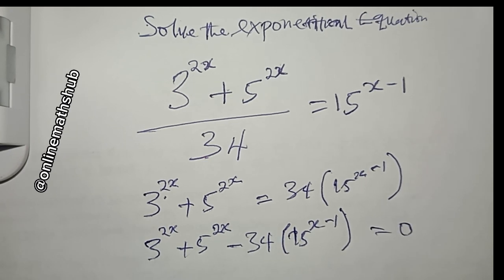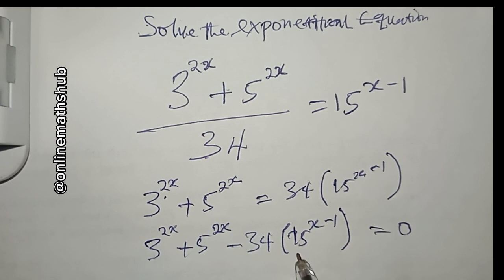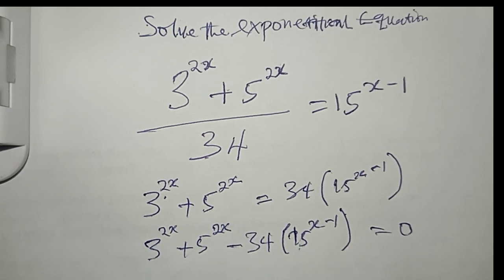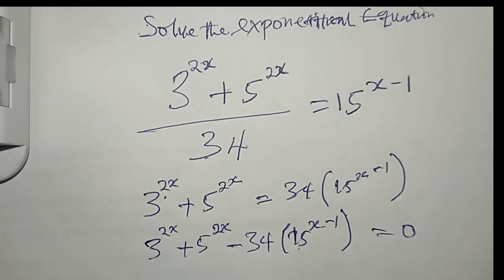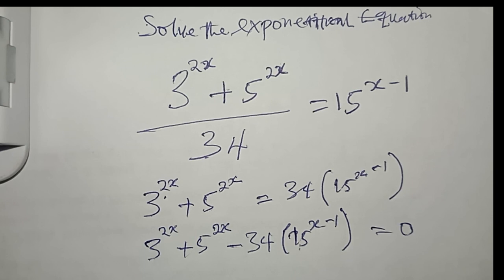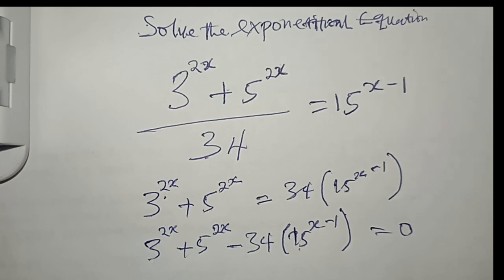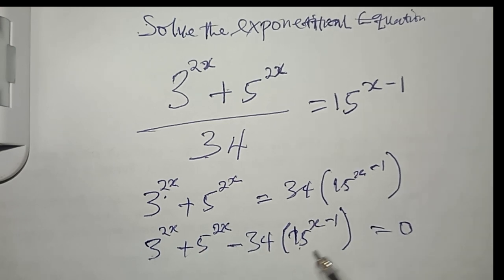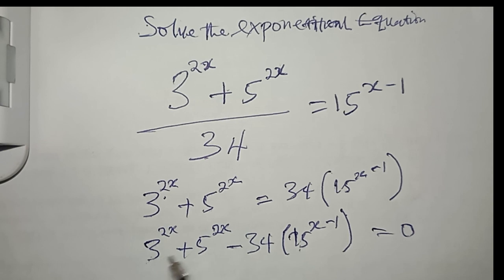Okay, so next I want you guys to note that this 15 can actually be written as 3 times 5. Because I'm going to keep manipulating all of these until I get it to be in a particular pattern. Since I have 3 and of course 5 here, I want to see if I can get some other factors from these values I have over here.